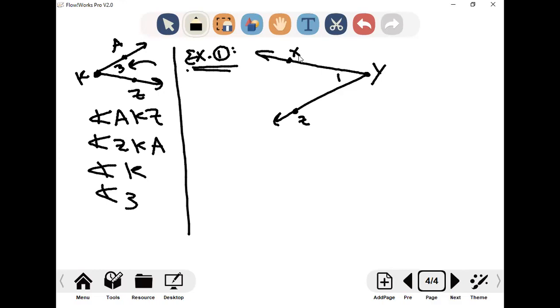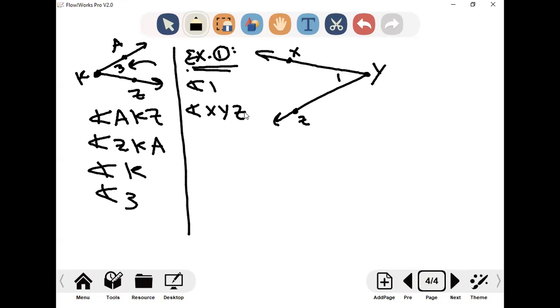Can I say angle 1? Yes, I can. Select. Can I say angle XYZ? Yes, I can say X, Y, Z. Selected. Can I say angle XZY? No. They put Z in the middle. No, the vertex should always be in the middle.